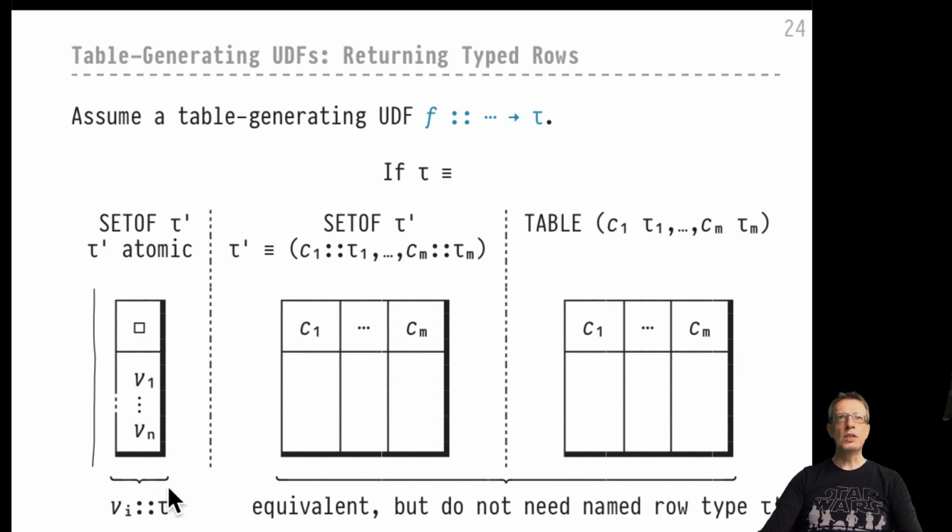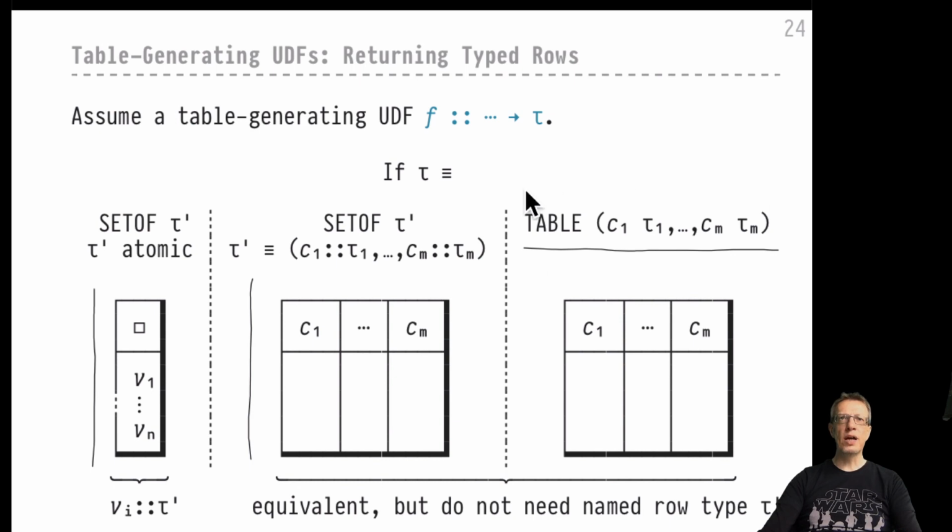Okay, but if your return type tau is indeed set of tau prime, where tau prime is a row type, then you better have a row type defined that is using explicit column names and explicit column types. What that would then emit from F is a well-defined table with m columns that are properly named and of course properly typed. Alternative syntax would be the rightmost syntax here, where tau is indeed specified as table c1 to cm, where each of the m columns has also a well-defined type.